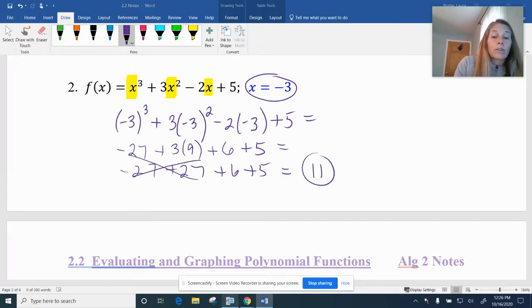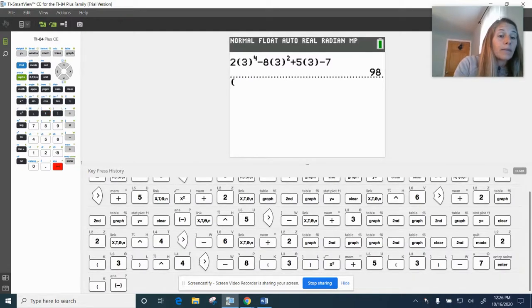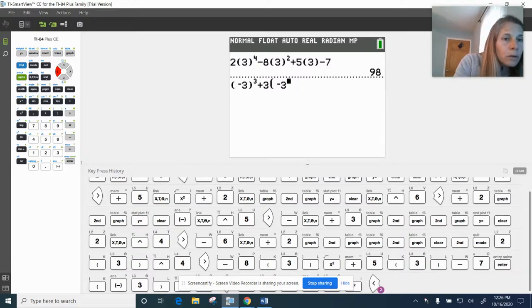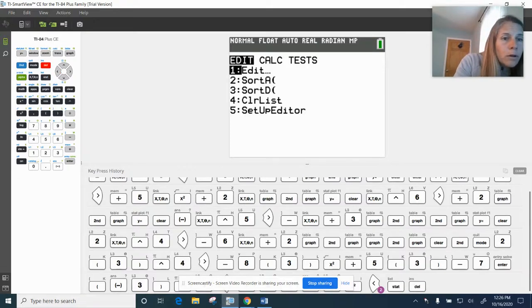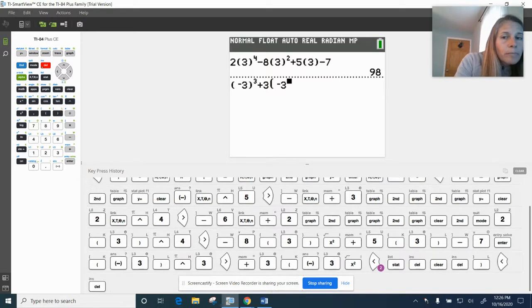Now, of course, if you're just using a calculator to do this, again, putting the negative 3 in the parentheses, raising it to the 3rd power, plus 3 times negative 3 to the, oops, I missed my parenthesis. Oh, dang it. Okay, try now.